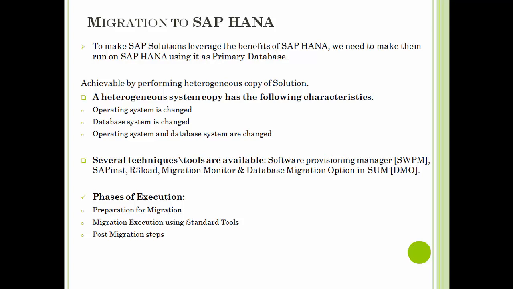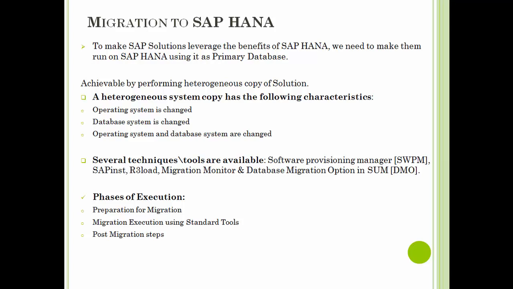But in case of DMO option, what happens is we don't have to perform these steps separately, but we can club all these steps and run them together. That is, it offers the option to perform Unicode conversion as well as do upgrade and as well as take the export and then make the import and then make the solution run on SAP HANA.